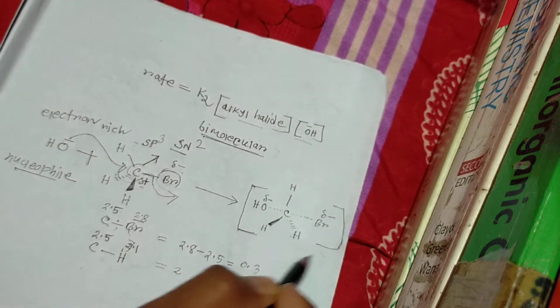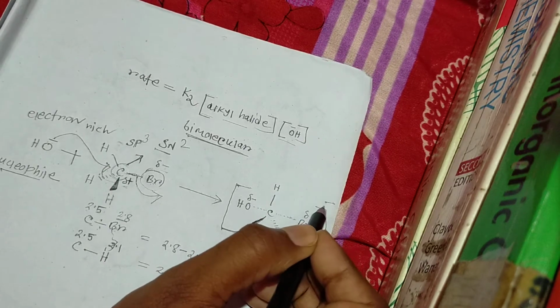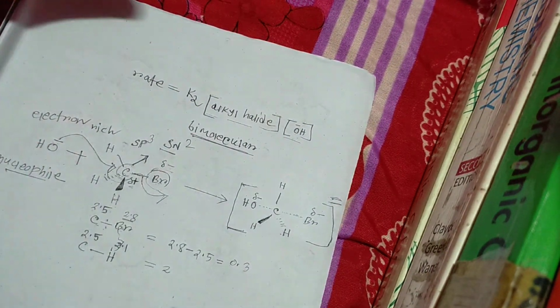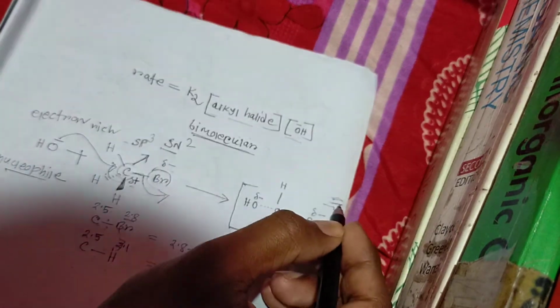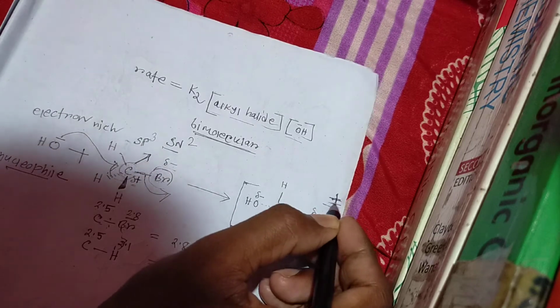So this is a state that we imagine, called a transition state, and its symbol is called a double dagger.